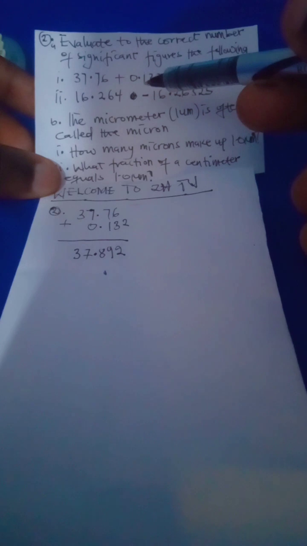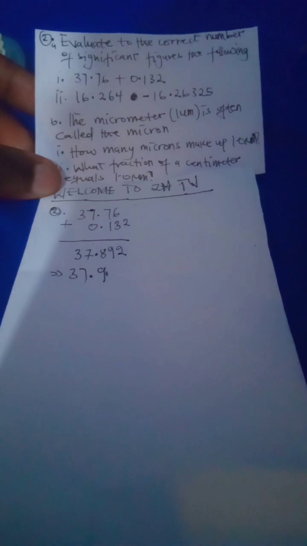Then our decimals. Then we have 7. So to the correct significant figure, the least significant figure here is 3. 1, 2, 3. So we leave our answer to 1, 2, 3. So our final answer will be 37.9. To the correct significant figure is 3 significant figures.